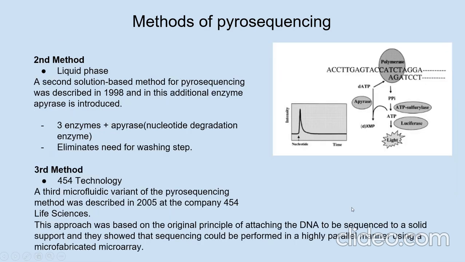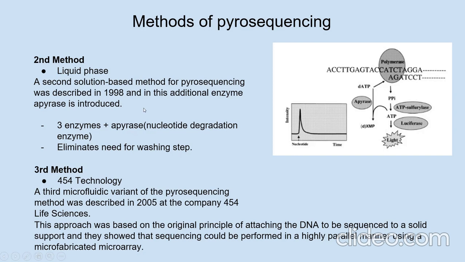So moving ahead, the second method is liquid phase. A second solution-based method for pyrosequencing was described in 1998, in which an additional enzyme, apyrase, is introduced. In this, four enzymes are used, and apyrase is the new one, which is a nucleotide degrading enzyme.